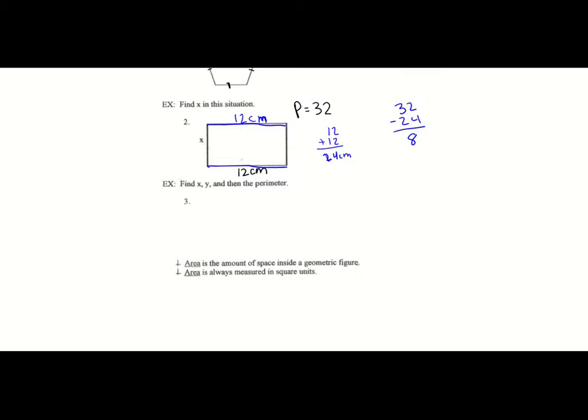That has to be divided evenly between this side and this side because they are both x. We know that x plus x is going to equal 8. Well, x plus x is 2x, and to figure out what x equals, we divide by 2. Our x is 4.